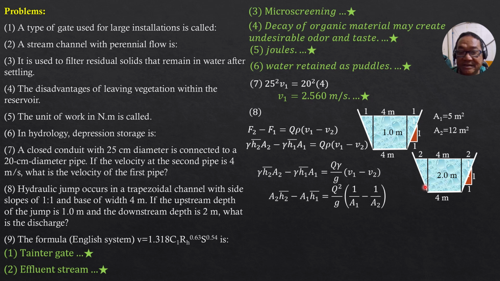Then plus the other area, 1 half of 4 times 2, and h-bar, the distance from water surface to the centroid, is 1/3 of 2, so 2/3.